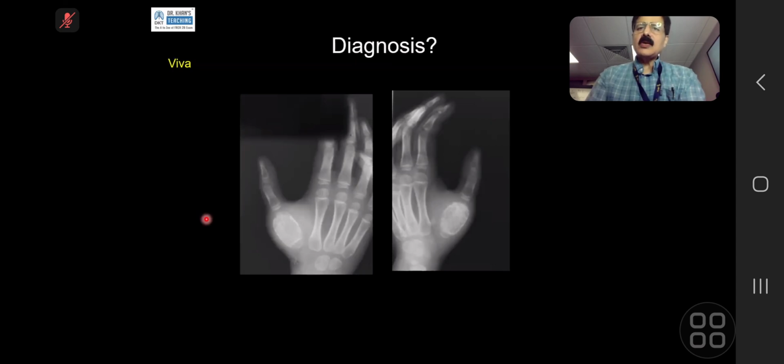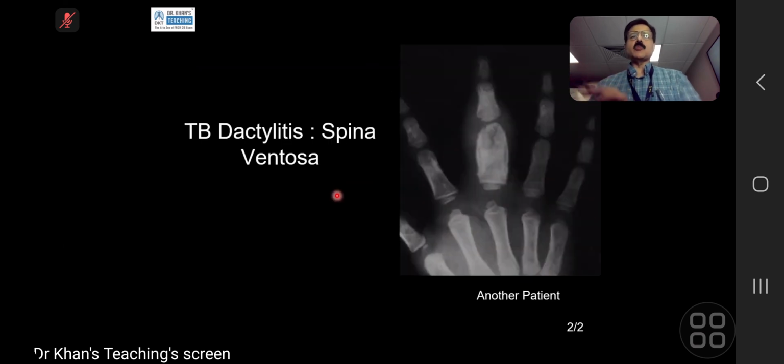So, lucency, did you see a lucency in this case? You are absolutely right. This is what we call spina ventosa, or TB dactylitis.